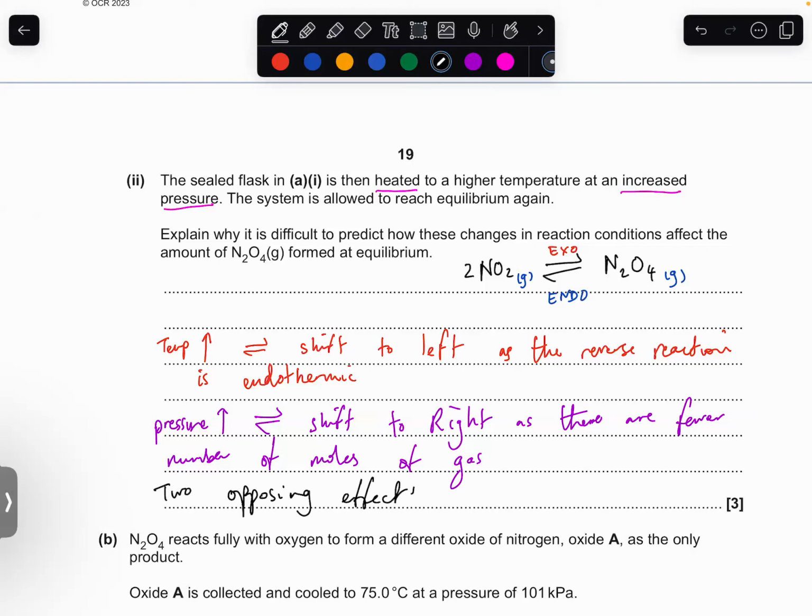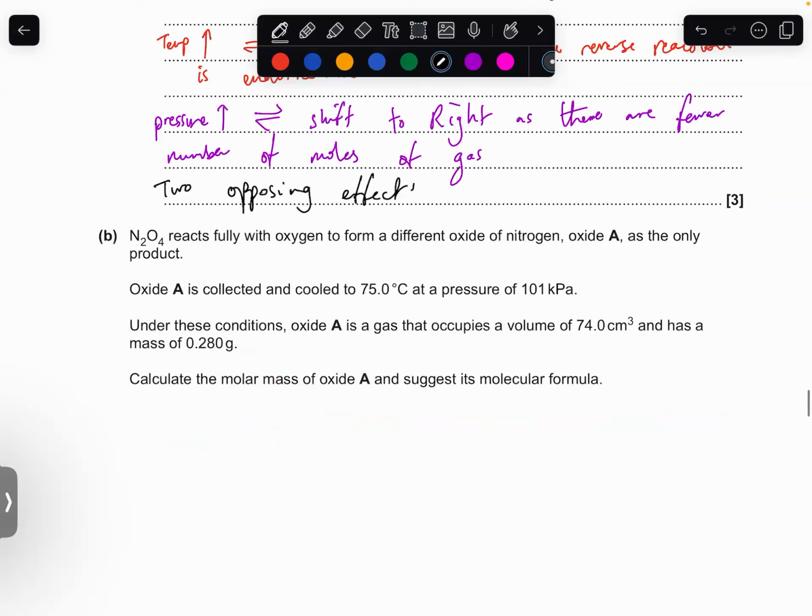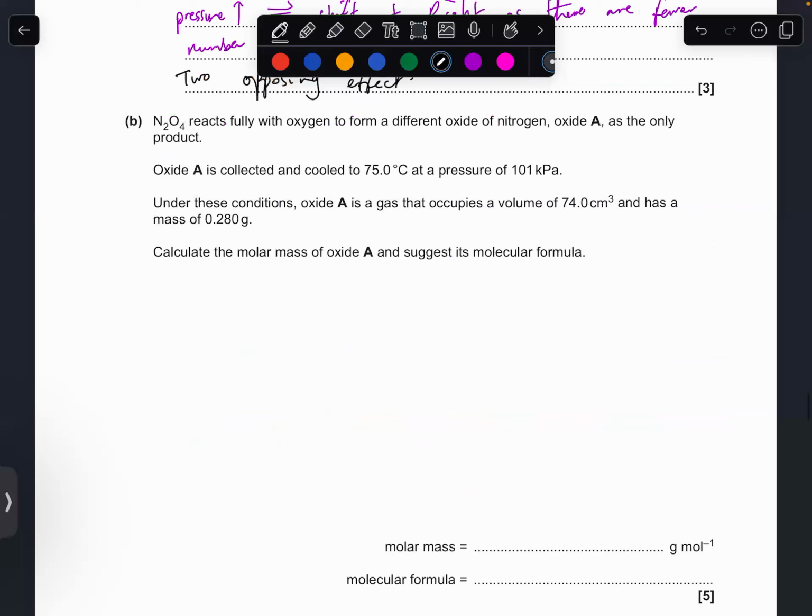The last part of this question is a lovely PV equals nRT question. In this question, it says N2O4 reacts fully with oxygen to form a different oxide of nitrogen as the only product.